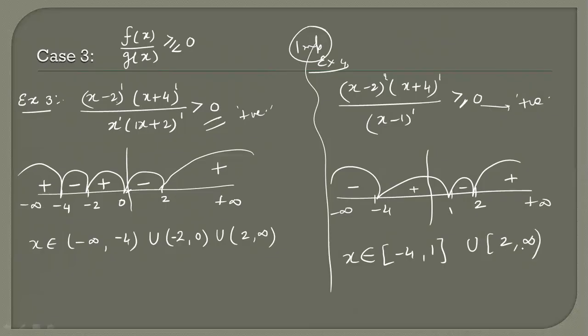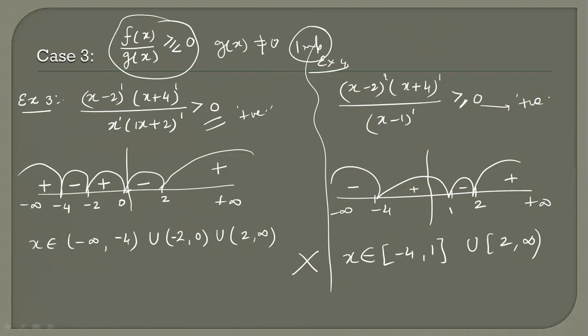We will always use an open interval at infinity. Now, is it correct? It is not correct, because in this case g(x) cannot be 0.